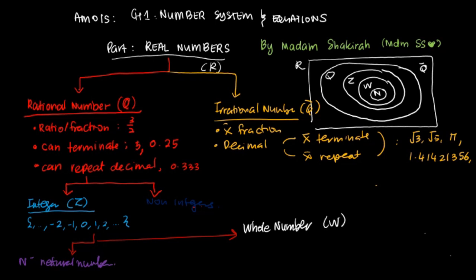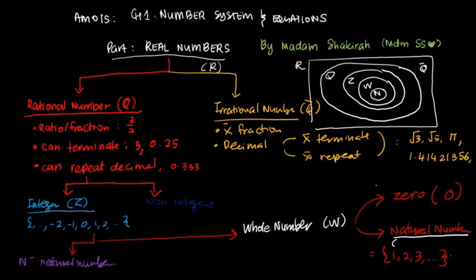Because the whole numbers contain 0 and the natural numbers. So whole numbers have the value 0. Natural numbers are of course the positive values 1, 2, 3 and so on. Natural numbers have another name, which is counting numbers.